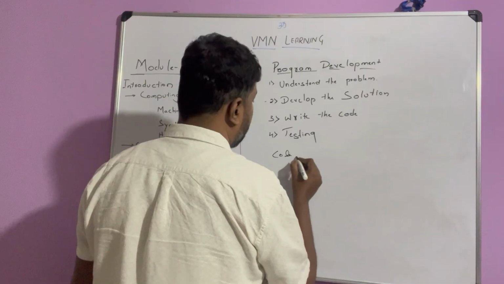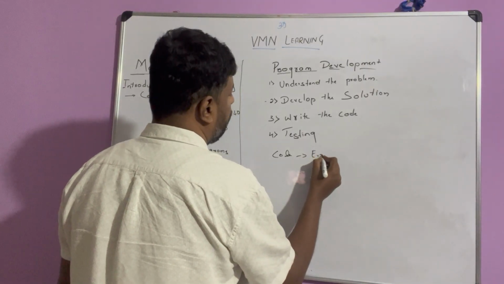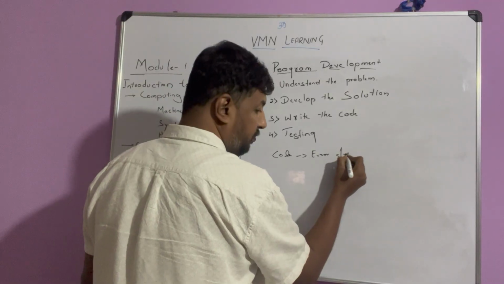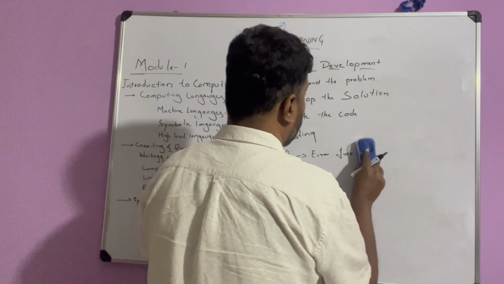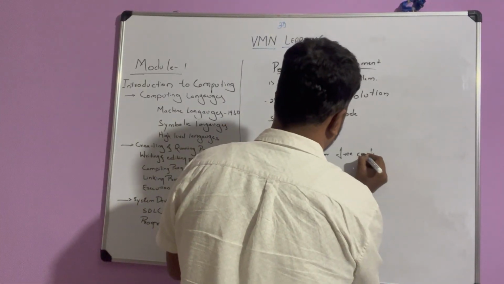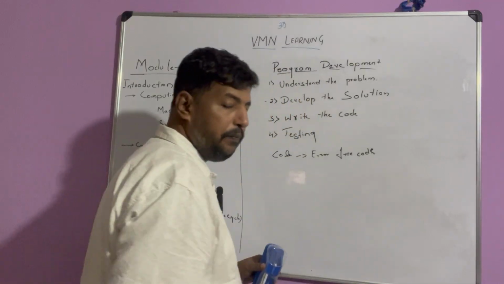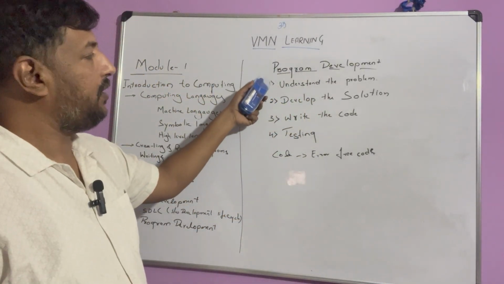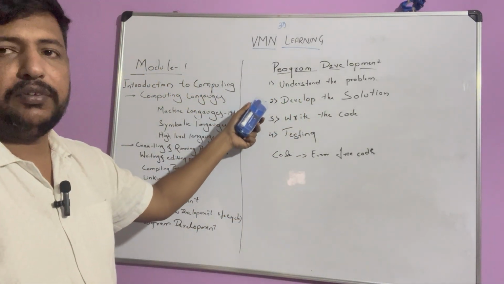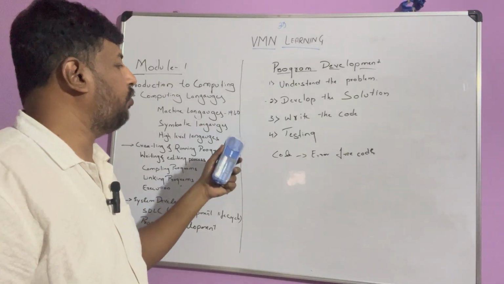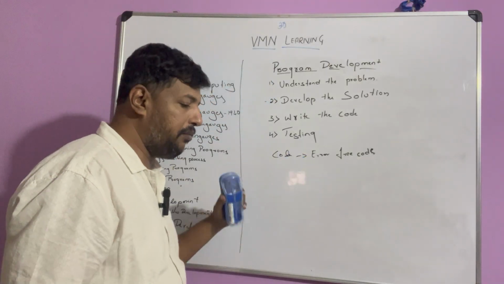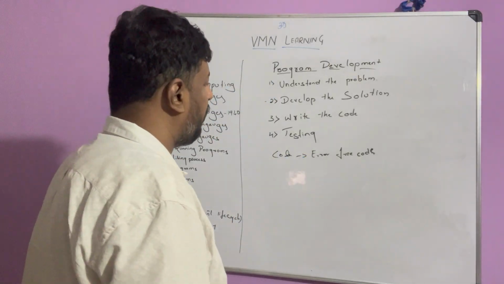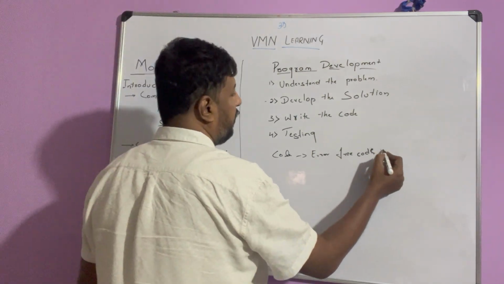You should make sure we write error-free code. If the design we did is correct, our code 99% of the time will be error free and without any bugs. So coding is done.